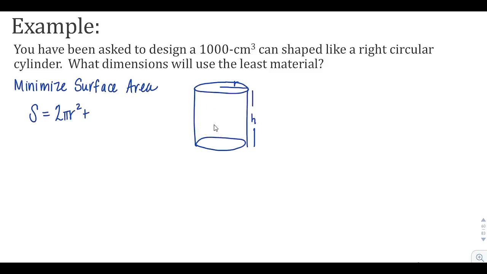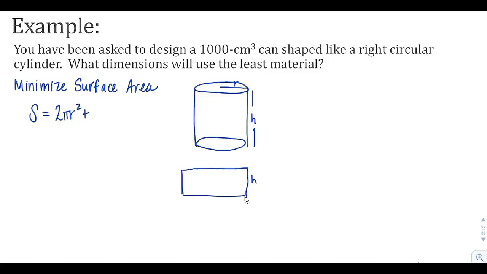So if I think about that for a second, if I cut the can down the side and unraveled it, it would look like a rectangle. So the side of the rectangle here would be that height h, and then all the way around, which is this base here of the rectangle, would be the circumference of a circle.